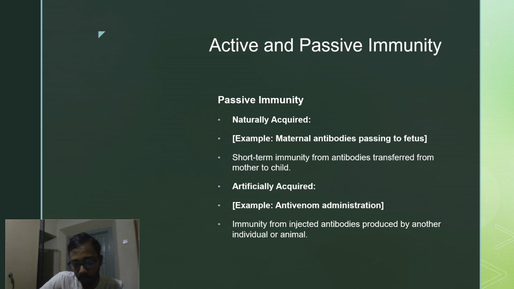We can give artificial antibodies, so immunity from injected antibodies produced by another individual, or sometimes another animal. Most of the time they use horses to produce these antivenoms, right? So these artificially injected antibodies lead to artificially acquired passive immunity. The antibodies are not produced within your body itself, but are given from outside.